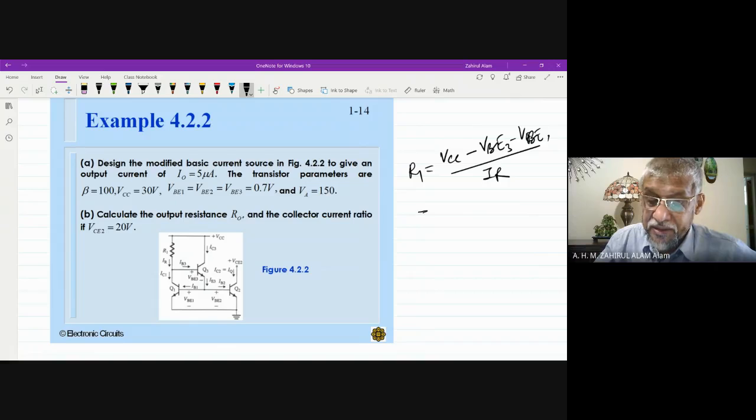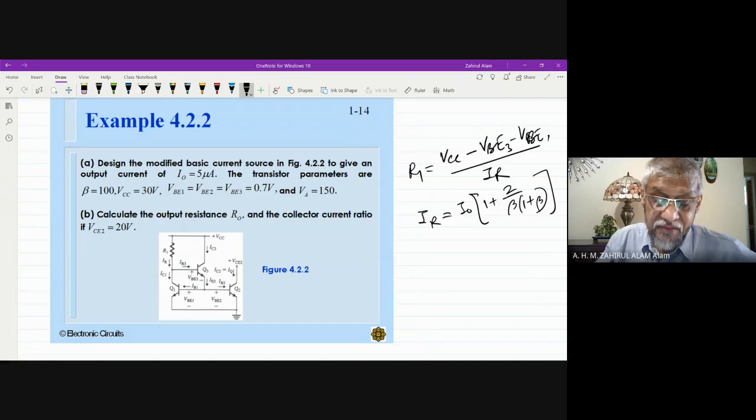Another relation, IR is equal to I naught. So IR is equal to I naught times 1 plus 2 over beta times 1 plus beta.